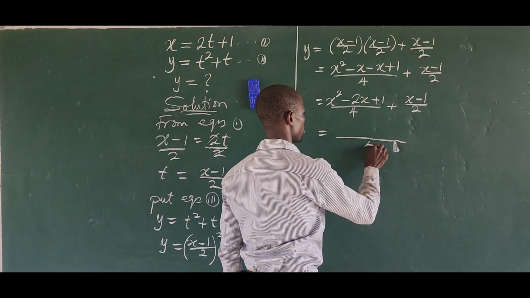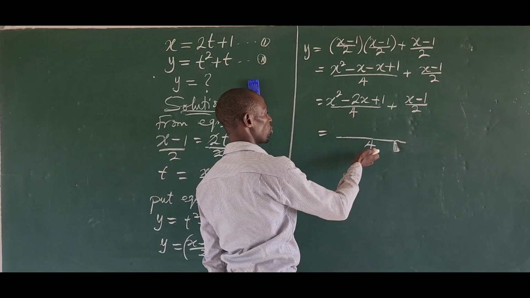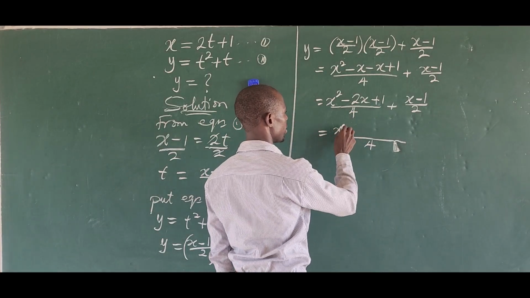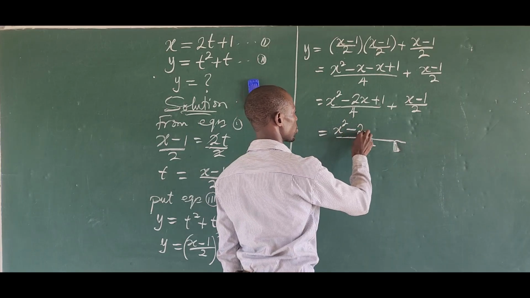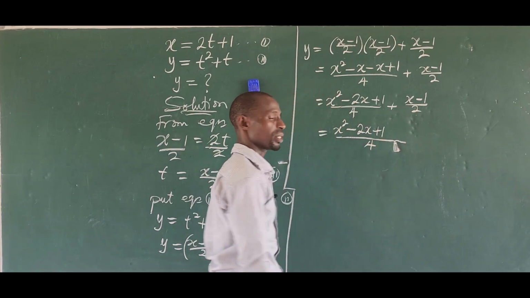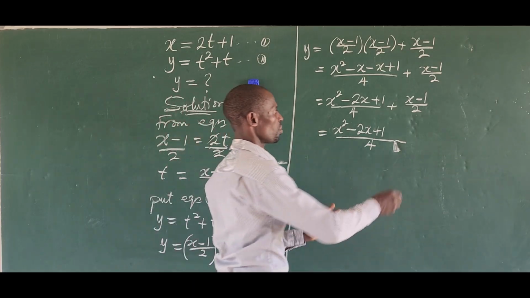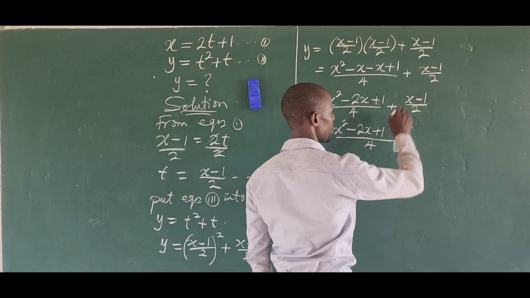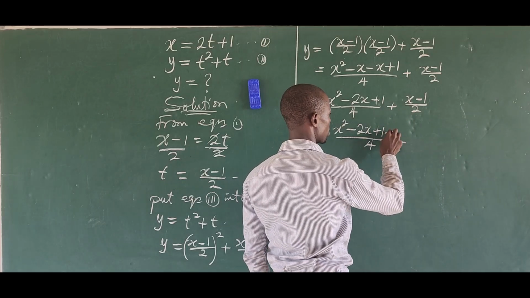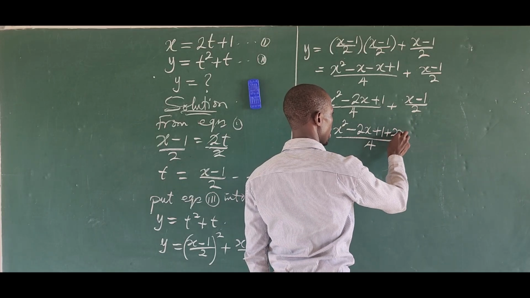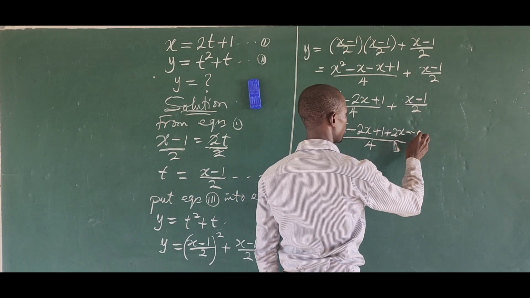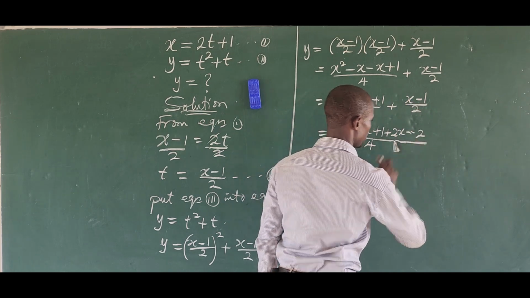So 4 into 4 gives us 1. 1 into everything we have gives x to the power of 2 minus 2x plus 1. Then 2 into 4 gives us 2. We use 2 to multiply everything in the numerator. So 2 times x gives plus 2x, then 2 times minus 1 gives minus 2 here, right?